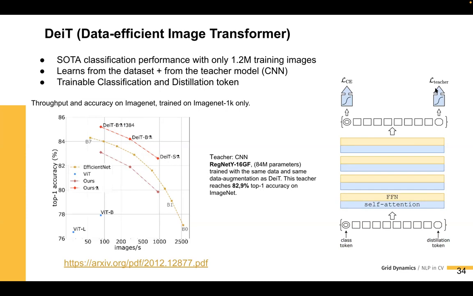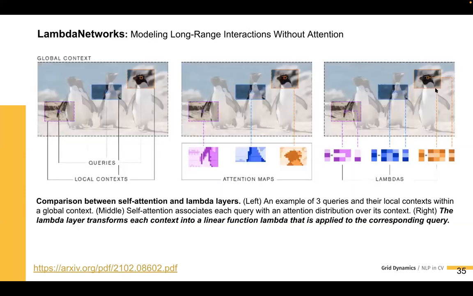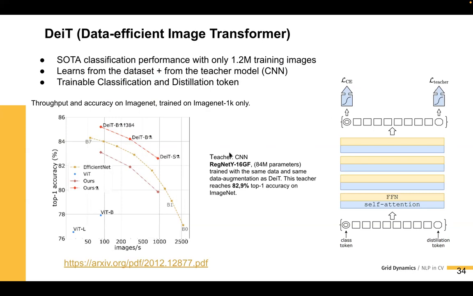What is interesting is that they use as teacher a convolutional neural network with 84 million parameters, whose best result is like 82 on top-1 accuracy on ImageNet. But then they train this data-efficient image transformer in their pipeline, and they got something like 85. So this is cool stuff.